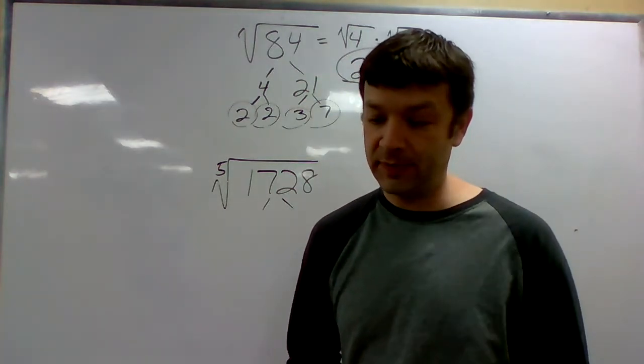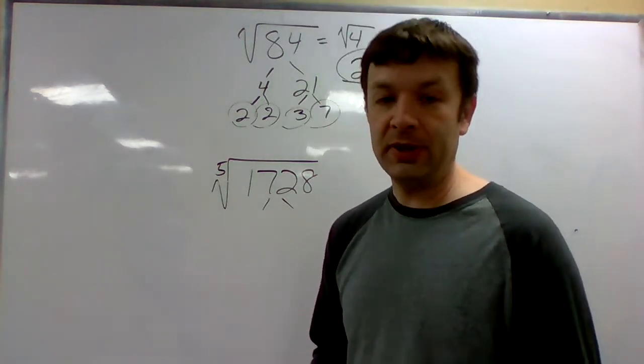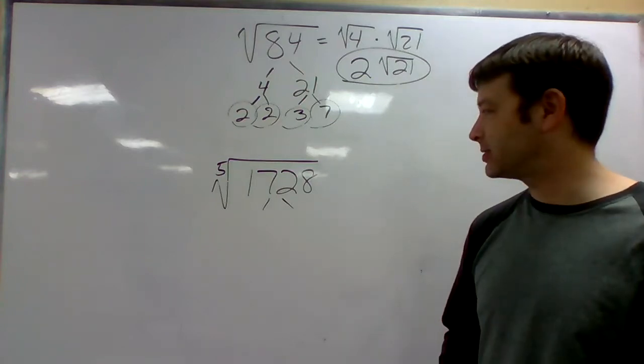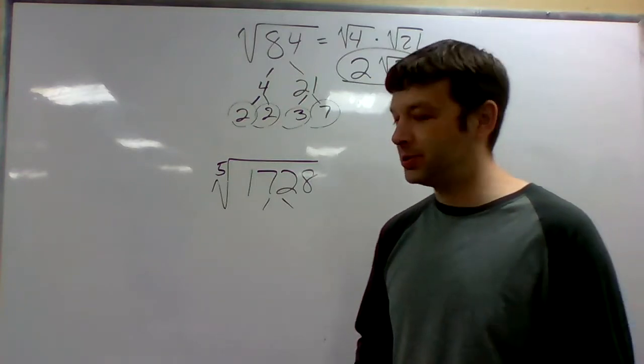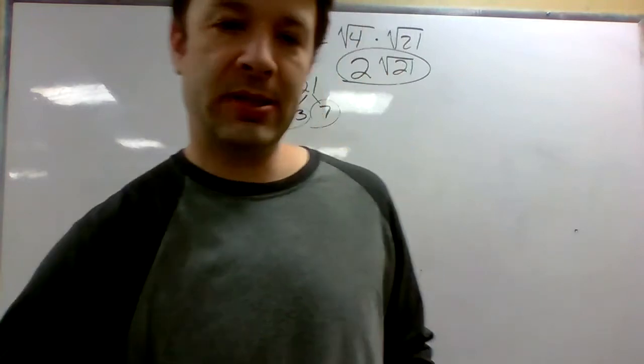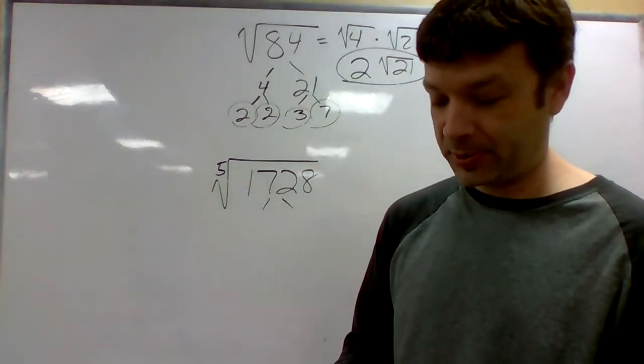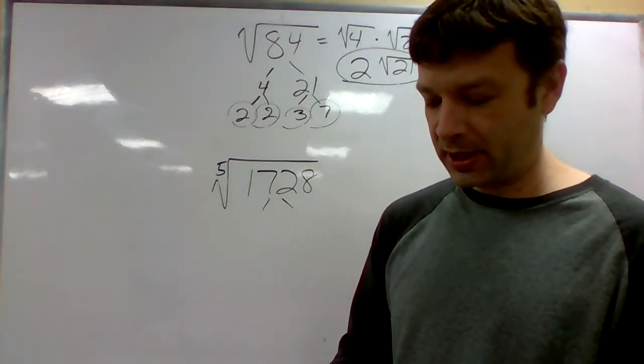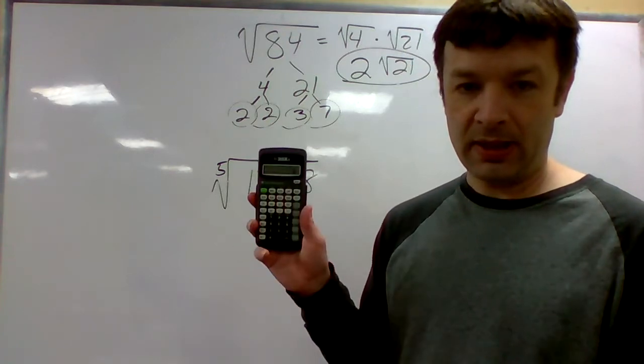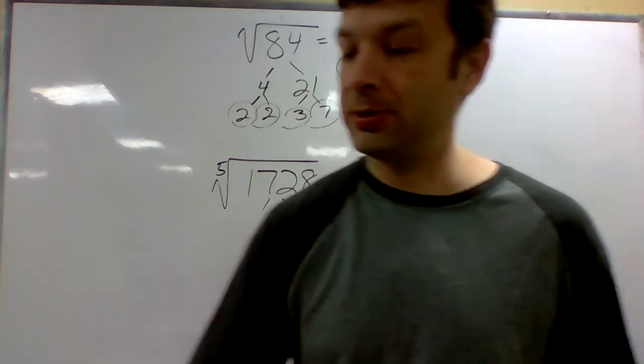What goes into 1728? Well, it's even, so 2 definitely does. I'd rather have something bigger than 2. I'm going to guess 8. It's not really a guess, but I'm going to do 1728 divided by 8, which is 216.